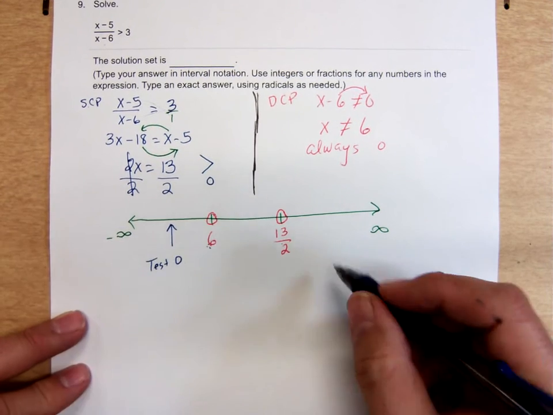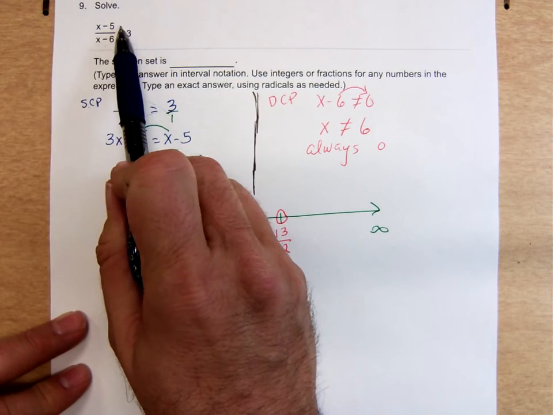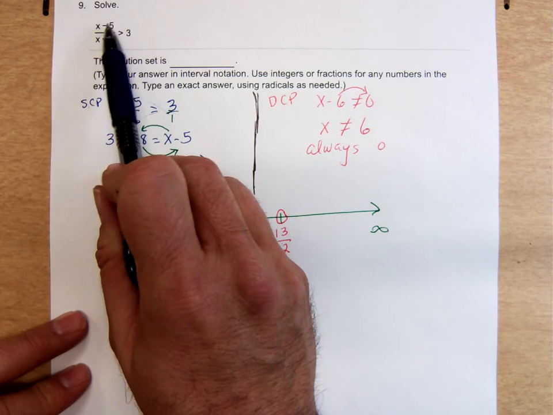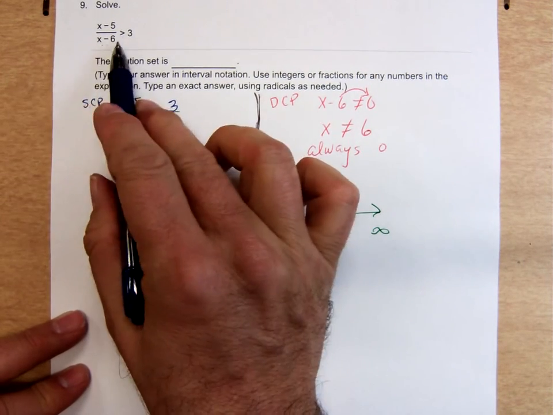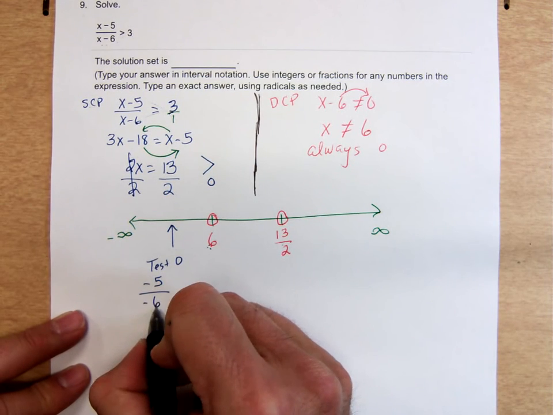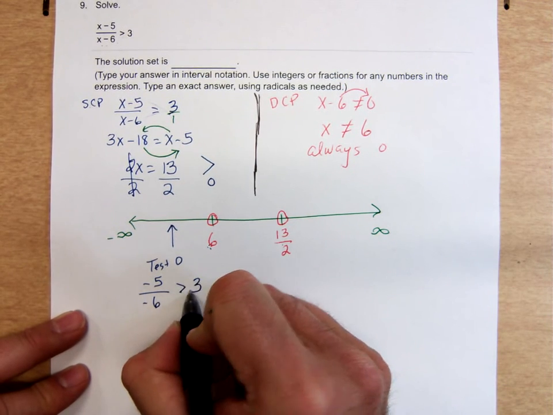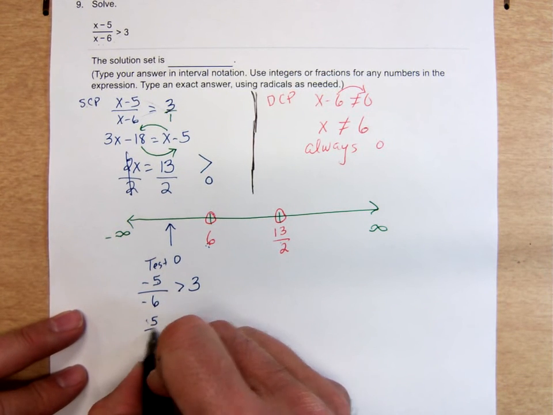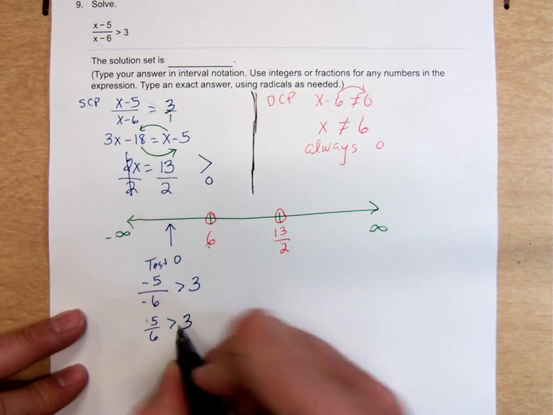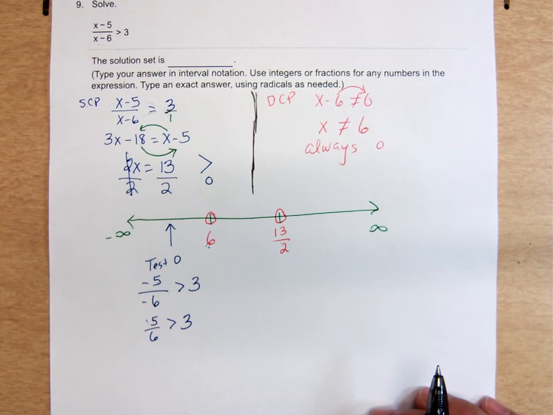And I plug 0 into the original problem. 0 minus 5 is negative 5. 0 minus 6 is negative 6. So negative 5 over negative 6, that's 5/6. So is positive 5 over 6 greater than 3?